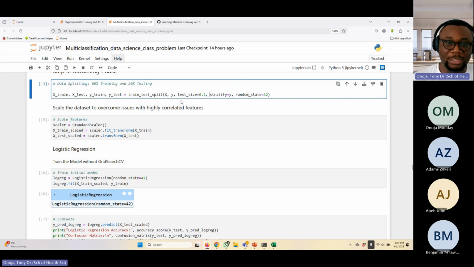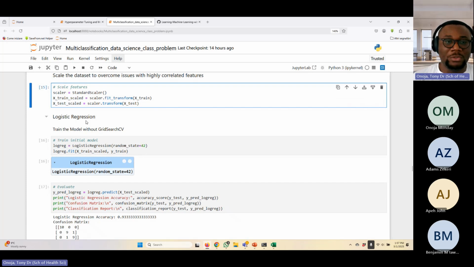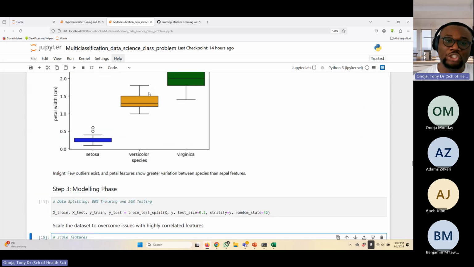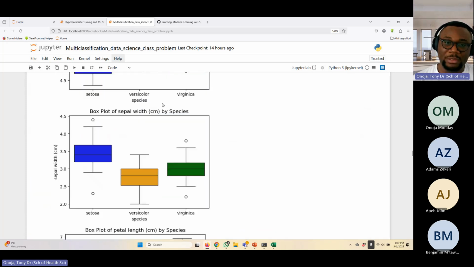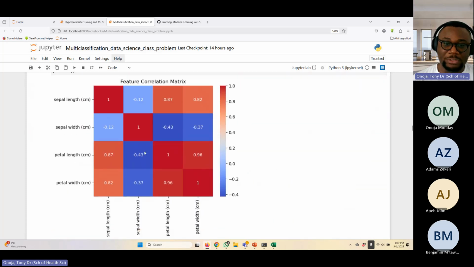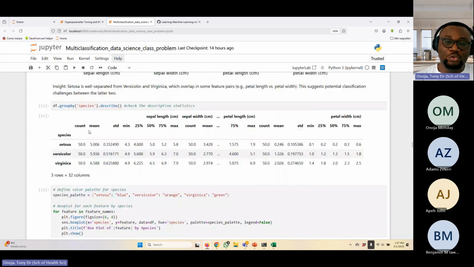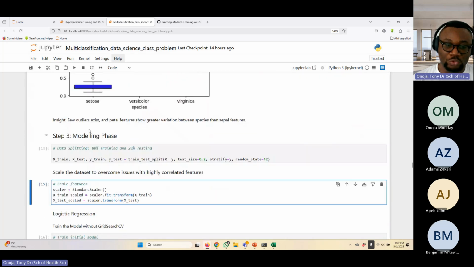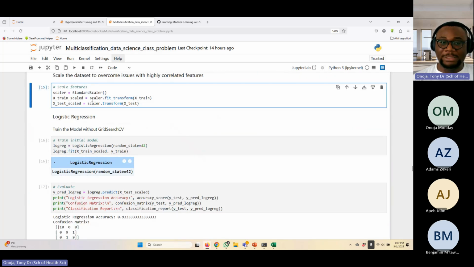So take note of that when you're splitting. The next thing, because of the issue we're going to be having based on the collinearity we spotted here, it's good to standardize the features, because when you standardize or scale, it helps to reduce the impact of multicollinearity.